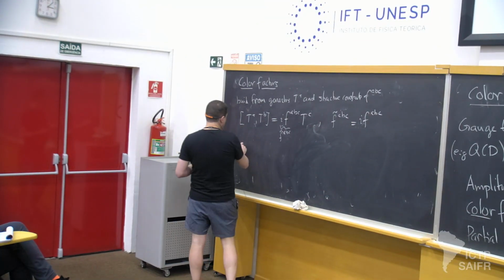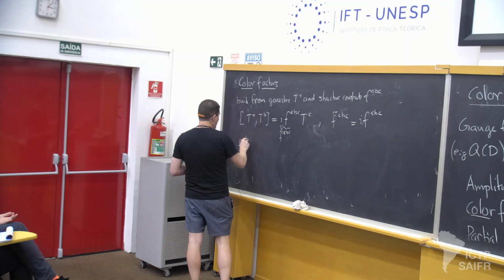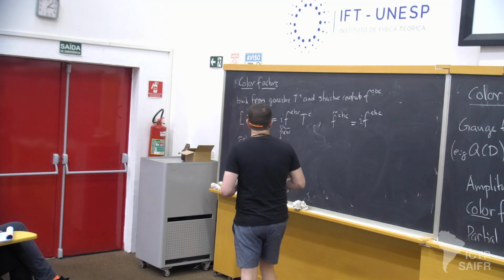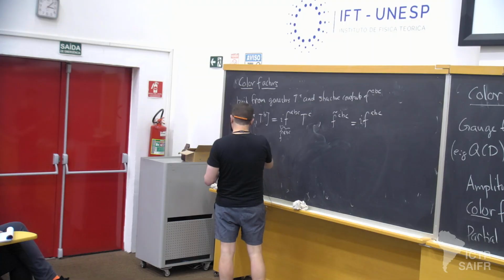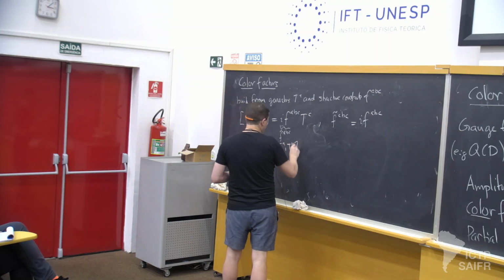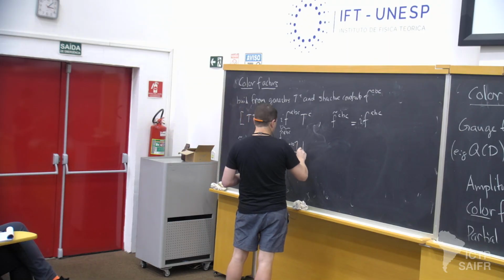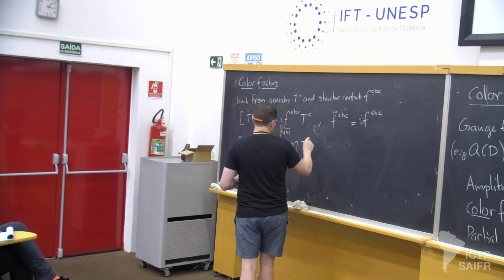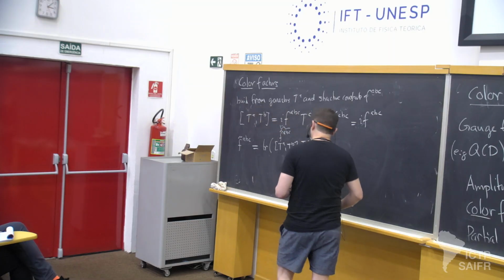Okay, so with this f̃ABC, you can actually just solve this equation and write your structure constant in terms of the generators themselves. So you can write it as a trace of TA, TB, and then TC product.